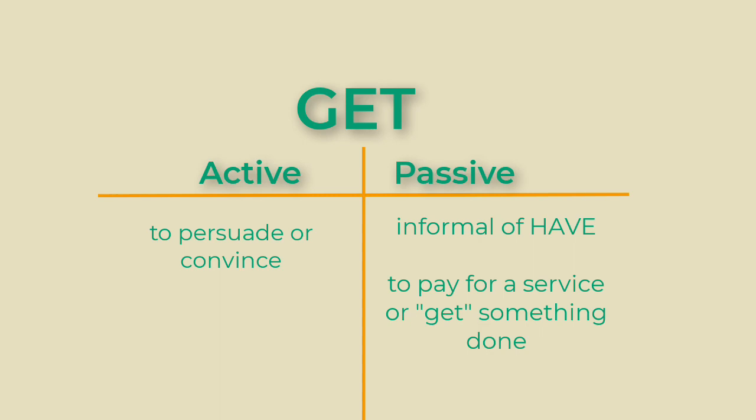And in the active, the verb get means to persuade or convince. However, in the passive causative, the verb get is the informal version of have. It does not mean to convince or persuade, but rather to indicate how you either pay for a service or how you simply have something done.